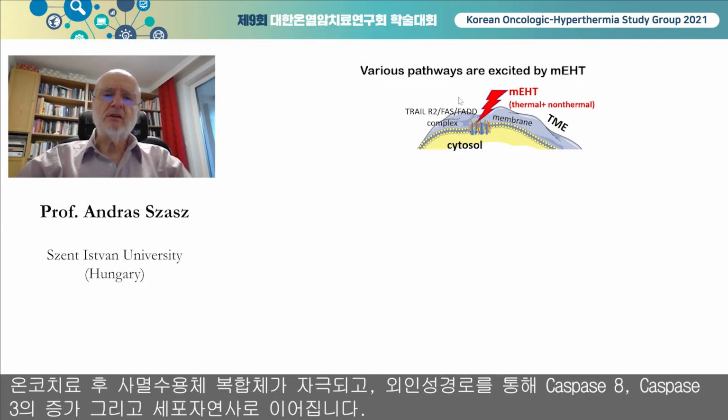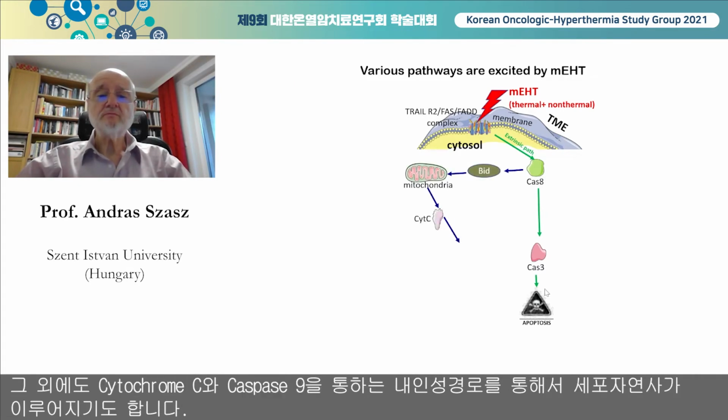The TRAIL complex, the DR5 receptor complex, is excited, and then comes the extrinsic pathway with caspase 8, caspase 3, and apoptosis. So this is the main path of the apoptosis. And this can make an excitation of the mitochondria by BID, and then the intrinsic path is started through cytochrome C and the cytochrome C complex with caspase 9, and then makes the apoptosis again with the same executor.